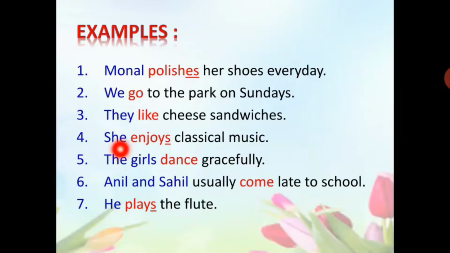Now in the example, she enjoys classical music, base form plus s is used here because the subject is she. He plays the flute. Here base form plus s is used because the subject is he. And in the rest of the examples, we have used the simple base form of verb. No s or es is added to them.